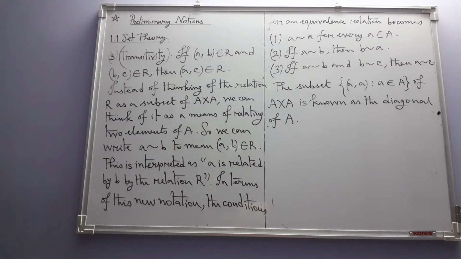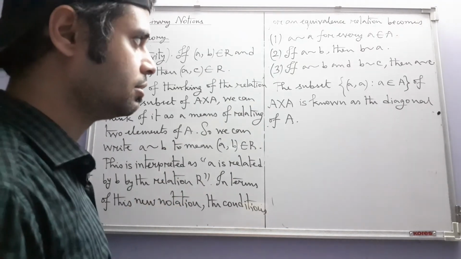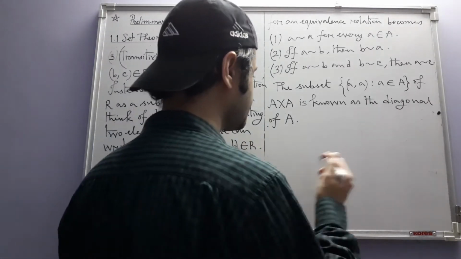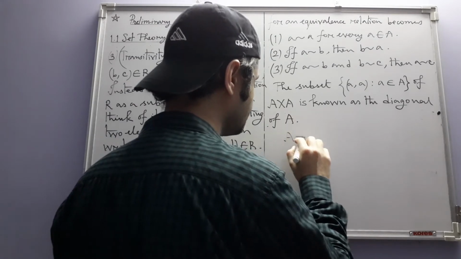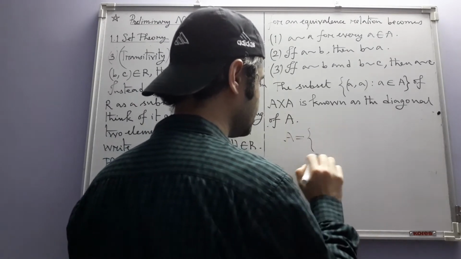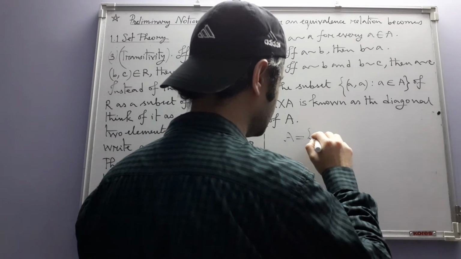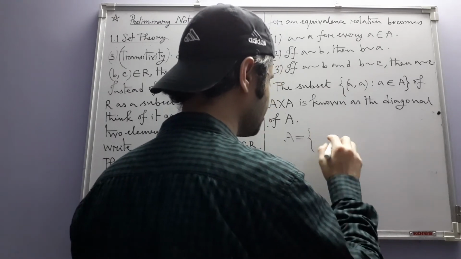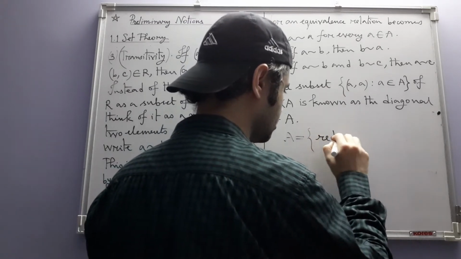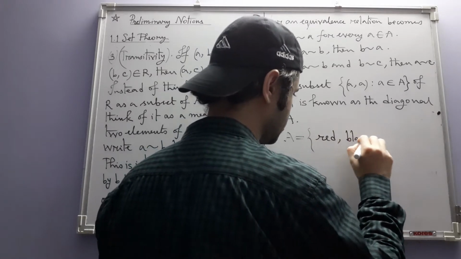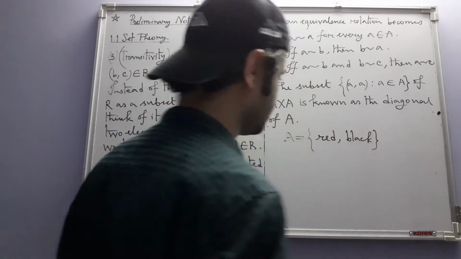You can probably understand why this name has been given. You see, if A has say 3 objects, say 3 color names, or to make matters simple, let us take 2 objects, red and black.